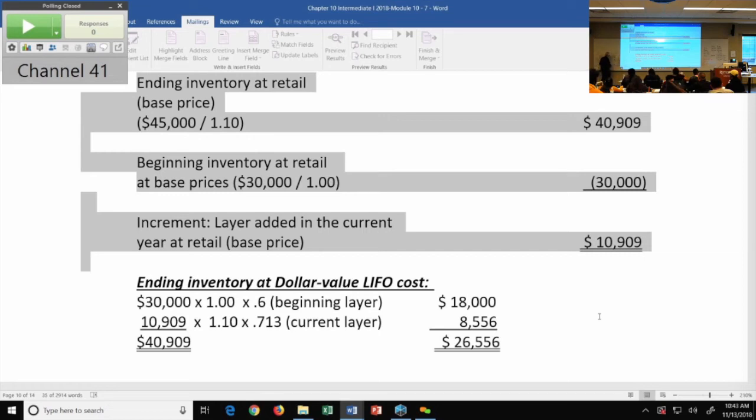So this removes the inflation, this is the assumed stable prices. The regular includes the index with the inflation. And the difference is the impact of inflation. So the dollar value LIFO theoretically is the real value. This includes some of the inflation that's in the current.